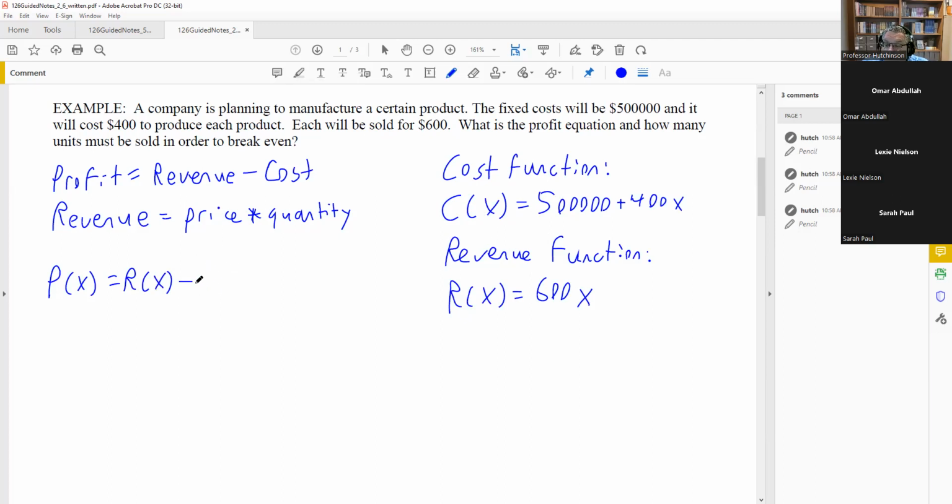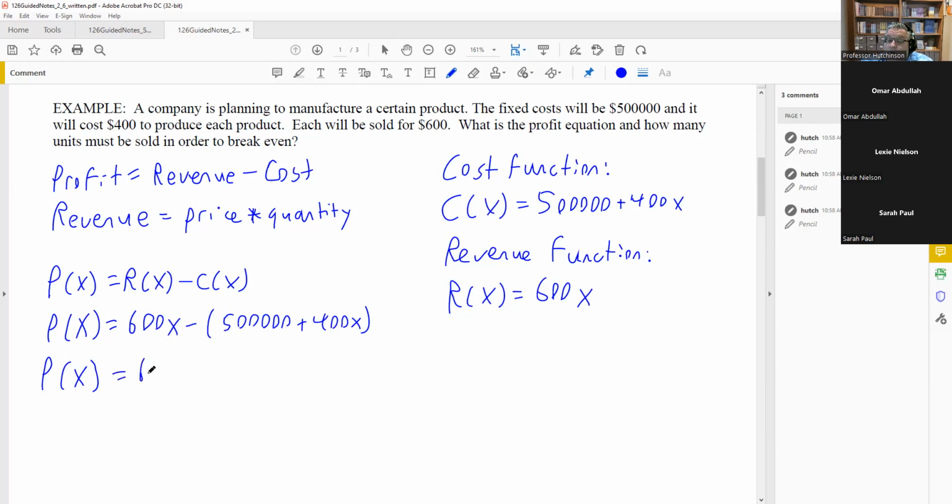Okay, so if I can write here. Okay, revenue minus cost. Your profit then is going to be equal to the revenue function, 600x, minus this is the cost right here. So now we just have to subtract this. Now notice I'm putting all this in parentheses because you're subtracting the entire thing. Okay, so I have to subtract all that from them.